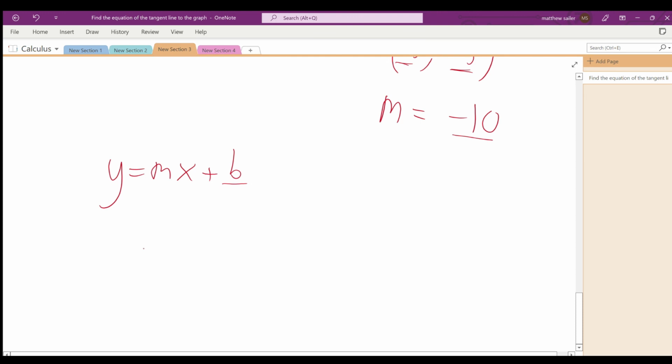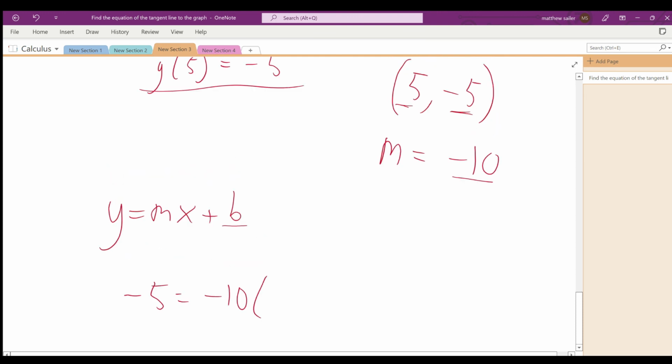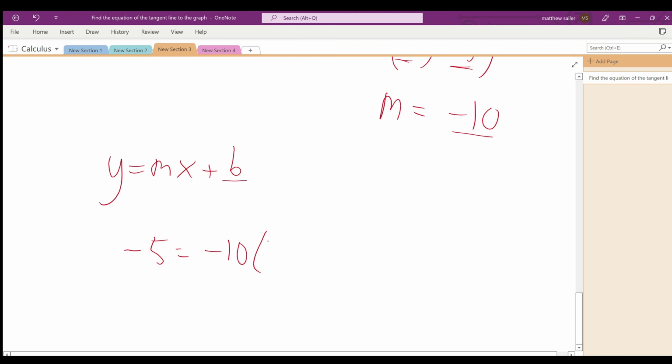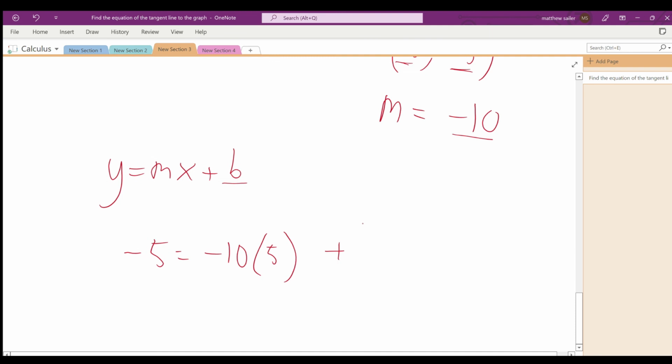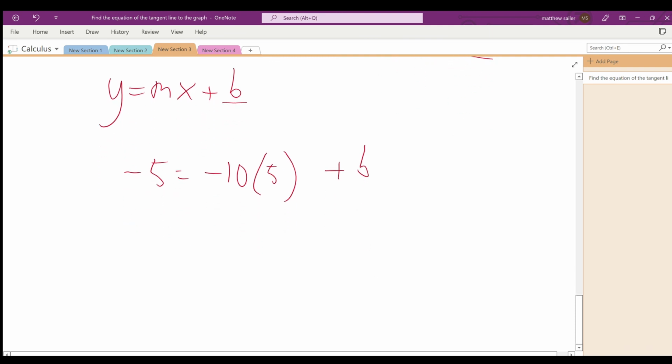And so we have negative 5 equals negative 10 times 5 plus b. And rewrite this below. Negative 5 equals negative 10 times 5 is negative 50 plus b.